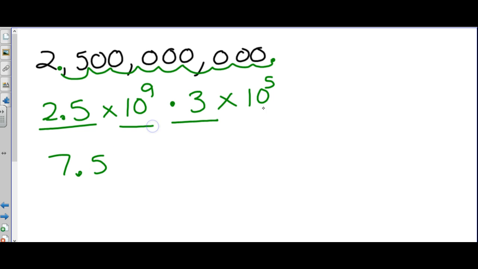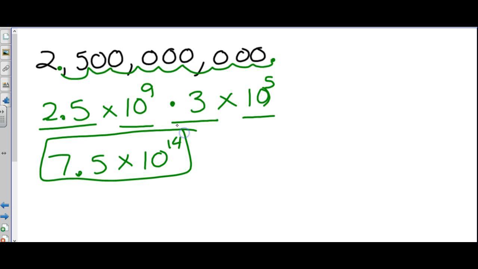And then if we do 10 to the 9th times 10 to the 5th, they have the same base of 10, so all we do is add the exponents. 9 plus 5 is 14. So this answer would be 7.5 times 10 to the 14th.